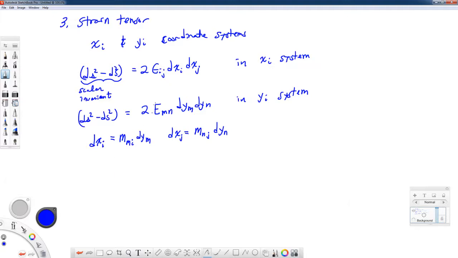Okay, so if I set these two things equal to each other, the 2's will cancel out.